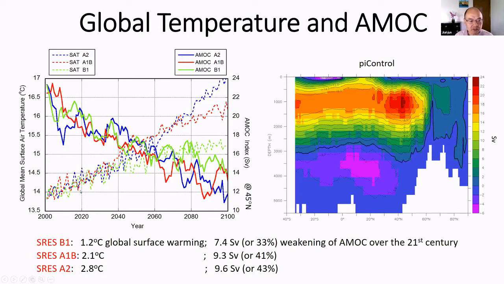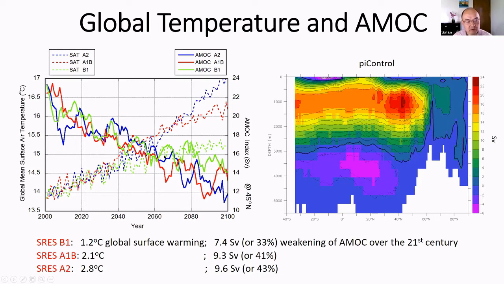In the 21st century projection, you can see the global temperature increases with time. The dashed line is the global temperature time series, and different colors show the different scenarios. You can see the warming with time, and at the same time, you can see the AMOC actually weakens.